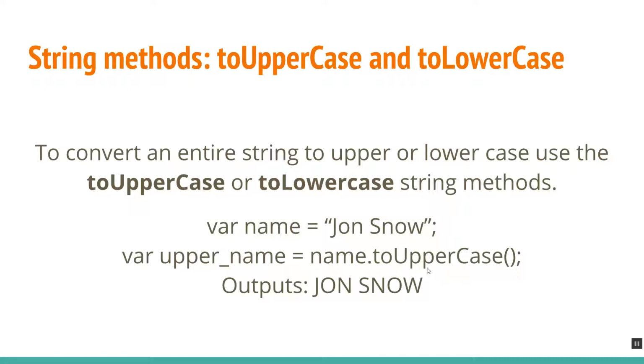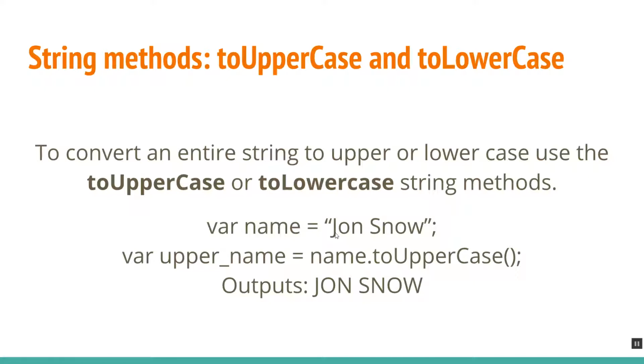And lastly, we're going to talk about combining case. This is useful especially when you're searching. Perhaps you want to search for a particular phrase and you want it to match case sensitivity. You can always convert things to uppercase and then search for that uppercase value.